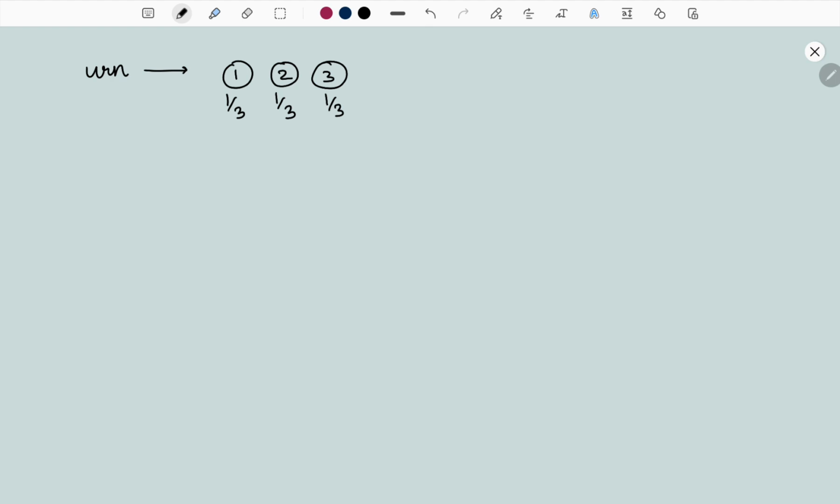Now let us define a function, which is P of X less than or equal to x. When no ball is drawn, that is x less than or equal to 0, the value will be 0.